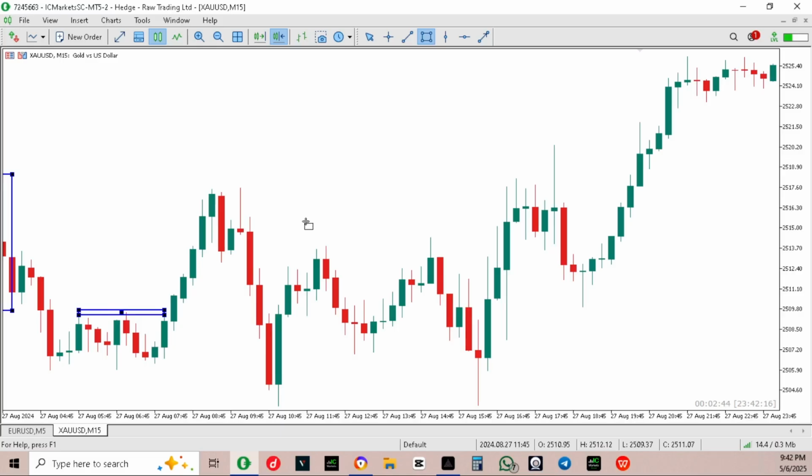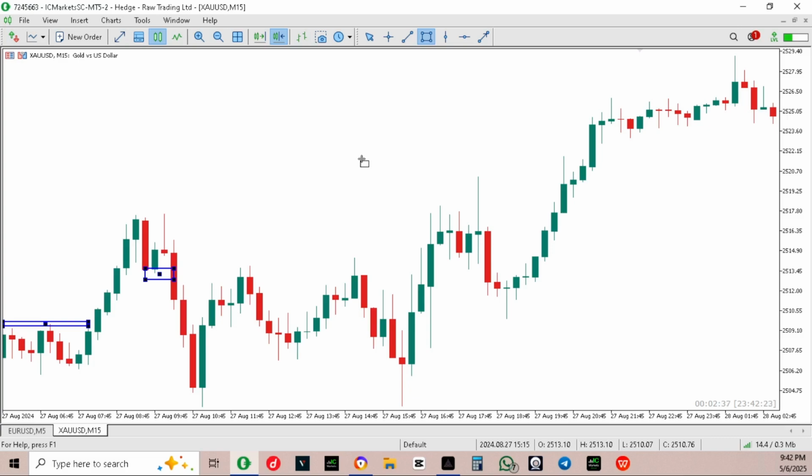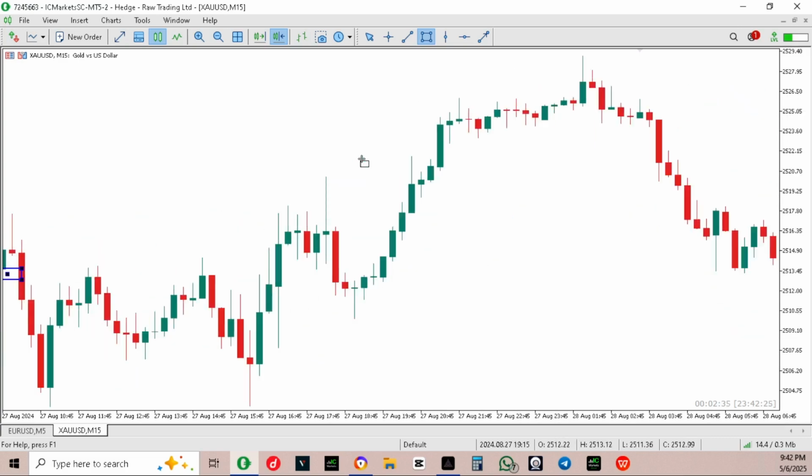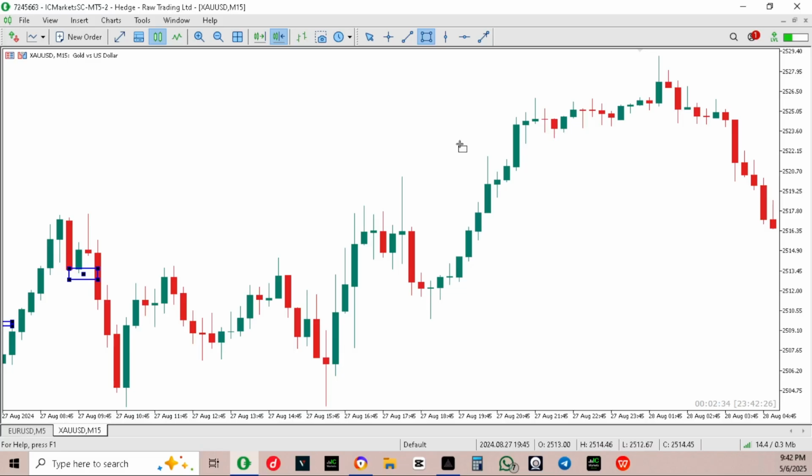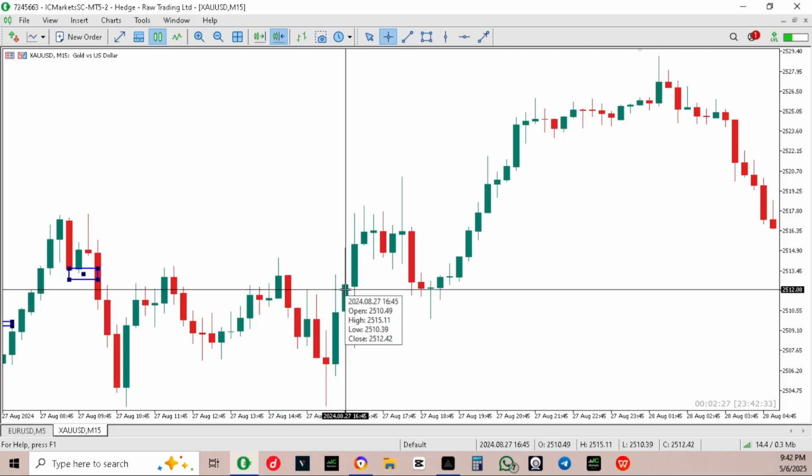We had the bearish harami there, resulting in a loss, and a bullish one resulting in a loss as well. You have to be very vigilant when you are looking at that.